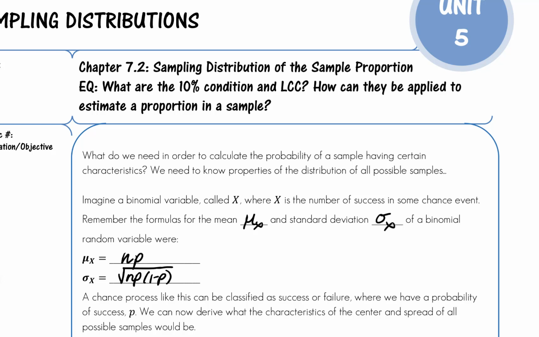So since we can classify this as a chance process with success or failure, they like chocolate ice cream as their favorite or they don't, where we have a probability of success p, we can now derive what the characteristics of the center and spread of all possible samples would be.